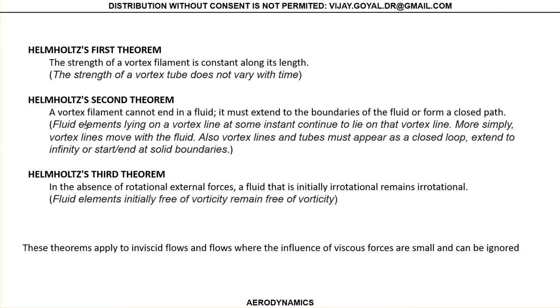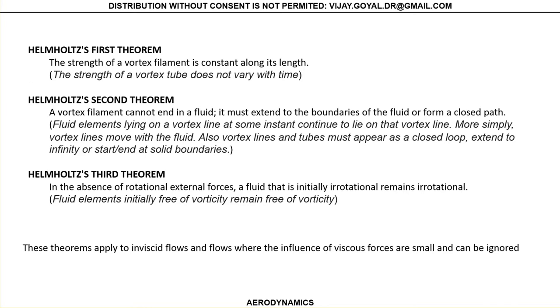It might extend to the boundaries of the fluid in the form of a closed path. And the third one says, in the absence of external rotational forces, a fluid that's initially irrotational remains irrotational. To better understand how this works, let's understand what each one of these theorems means, but that's very important as we move along, okay?